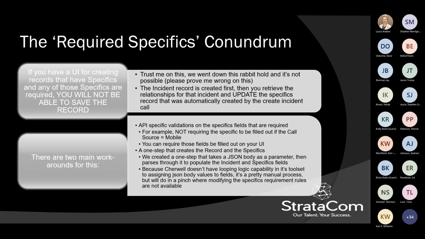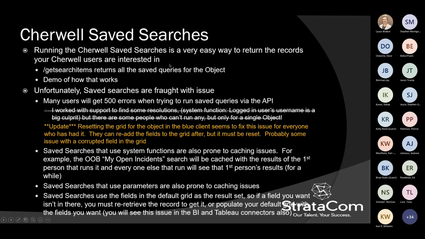For example, if you're creating an incident from a monitoring program and you created a specific incident type that has a specific with a required field, you will not be able to create that incident. You'll just get an error. So it's probably the biggest problem with creates in Cherwell's API. There are some workarounds for it, but nothing that I would call great.